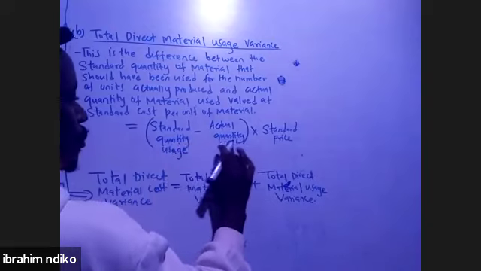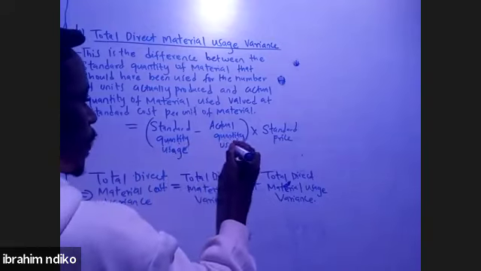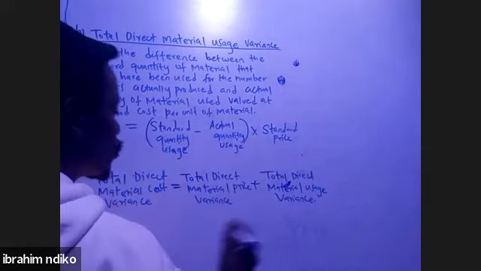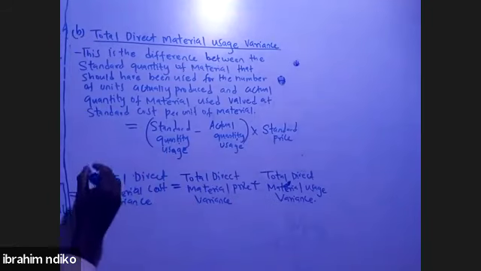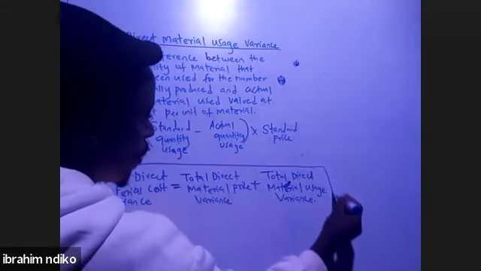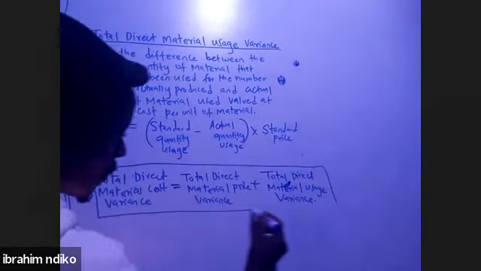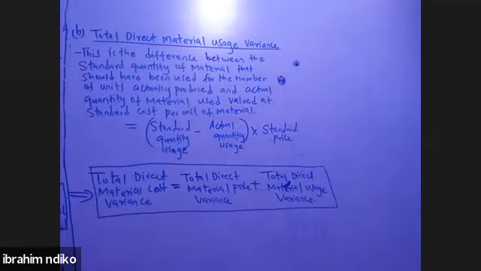Let's use the word usage. Total actual quantity usage, which is amount used. So this is another formula which we can use. So that's all about part A, part 1 of the material cost. So that was all about number 1, total direct material cost.